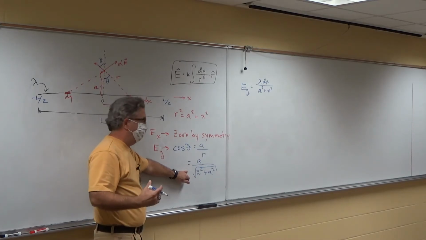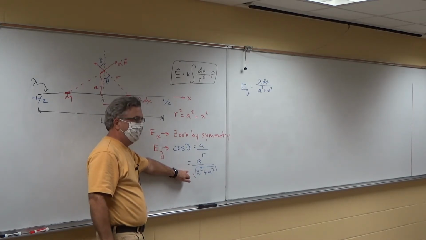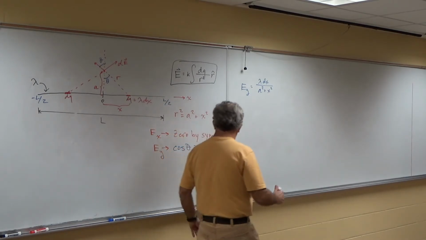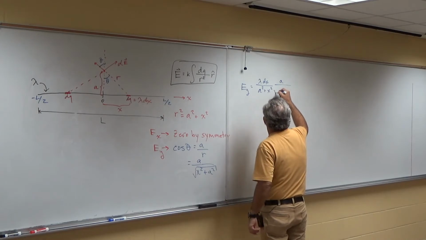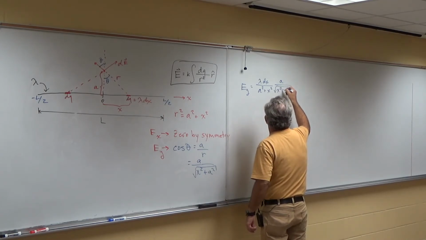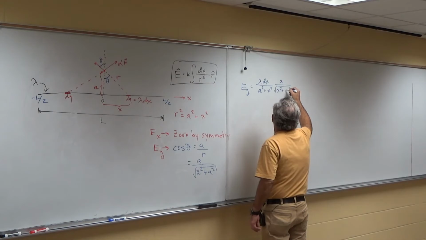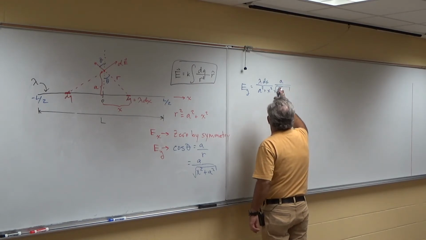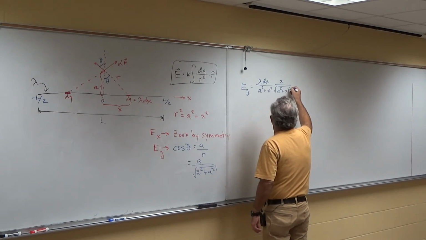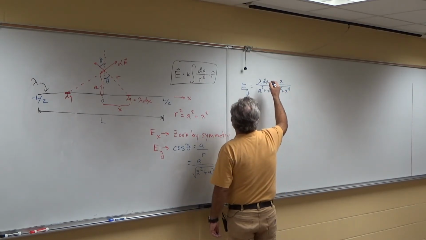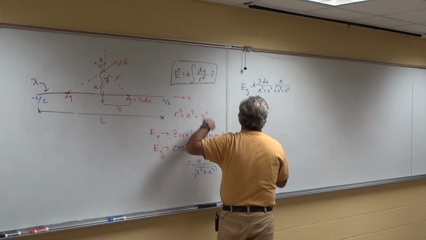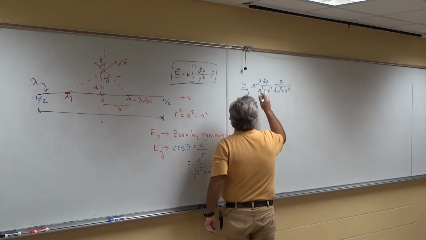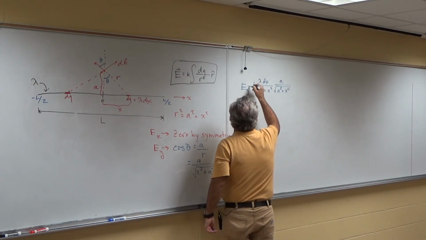You don't get all of it. You only get part of it because it's a vector. So I have to multiply by A over the square root of A squared plus x squared, and then we have k, and I don't want to forget to multiply by 2, so I'll squeeze the 2 in over here.